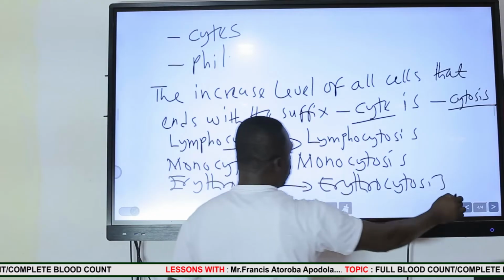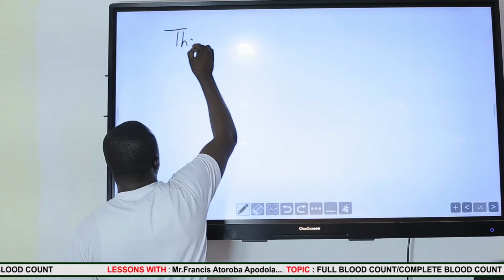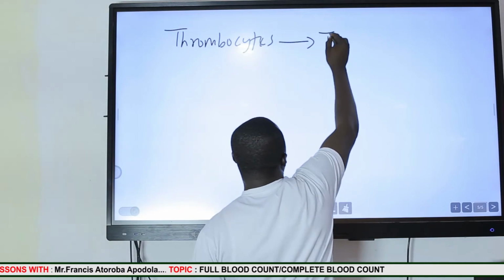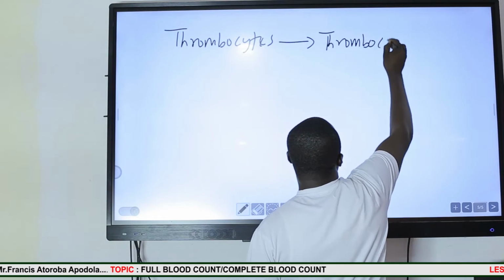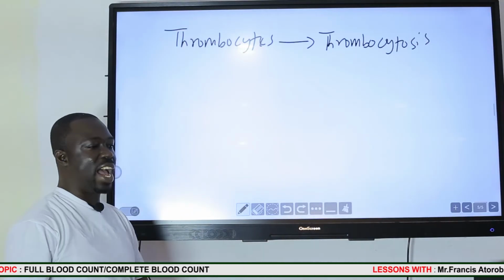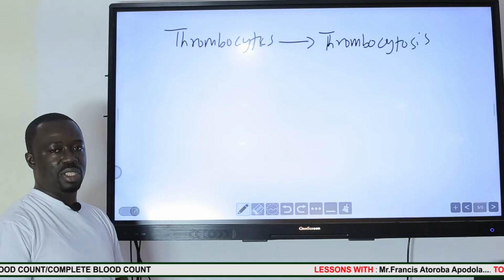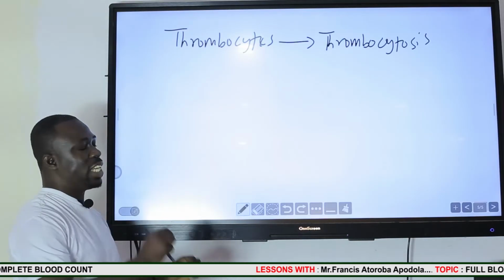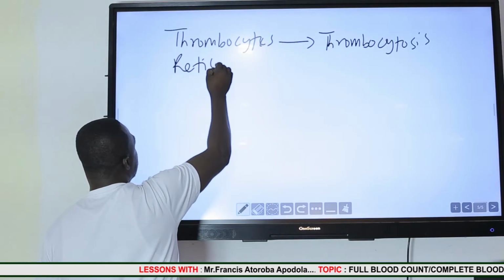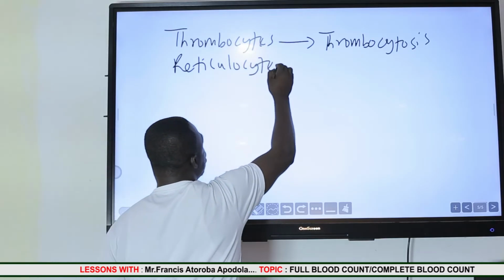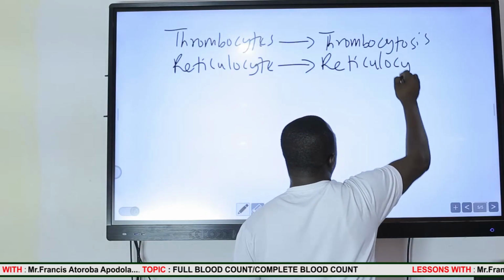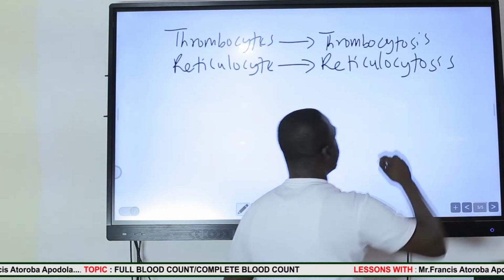When I take thrombocytes, the increased level is called thrombocytosis. So when the cell name ends with cyte in the blood cells, the term for the increased number ends with cytosis. This cell, reticulocyte, actually refers to an immature red cell, and typically an increased number will be called reticulocytosis.